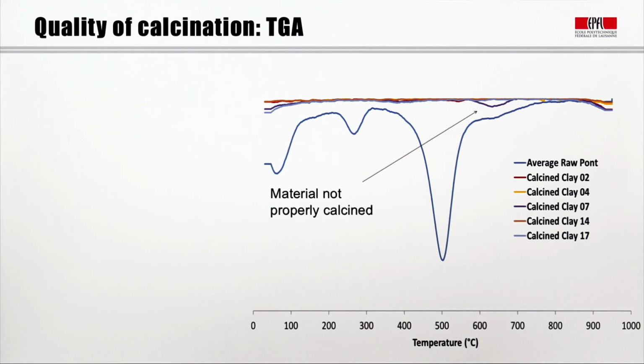So here we see the idea of the thermogravimetric test. The blue is the raw clay here, where you see the typical dehydration peak for kaolinite. This is several batches of calcined clay, and we can see one of these batches here is not properly calcined because we still have this small kaolinite peak in that sample.